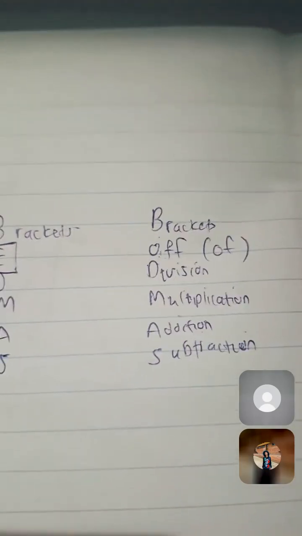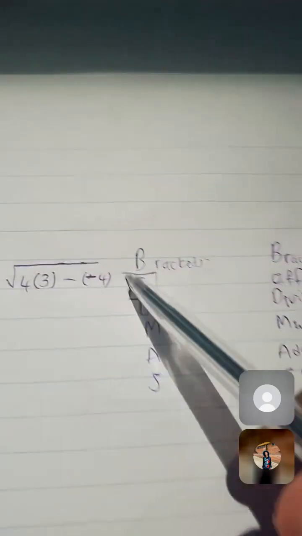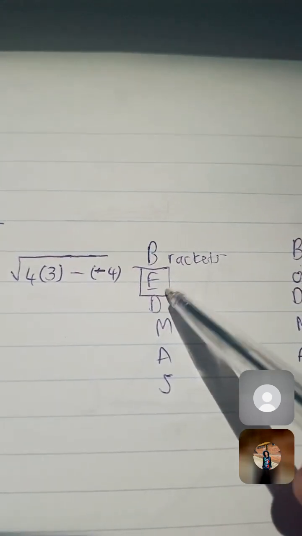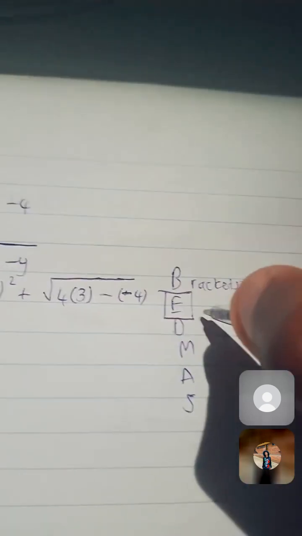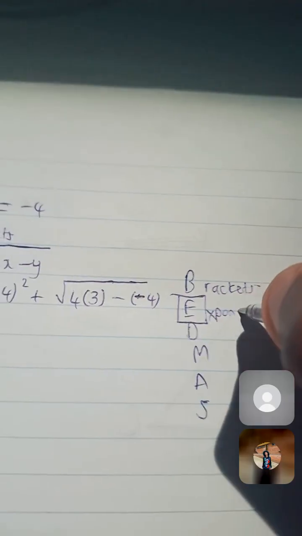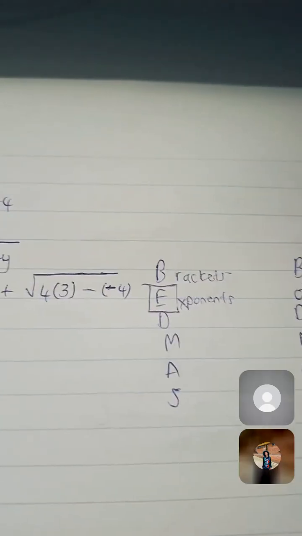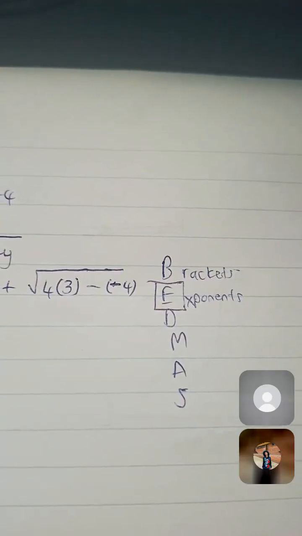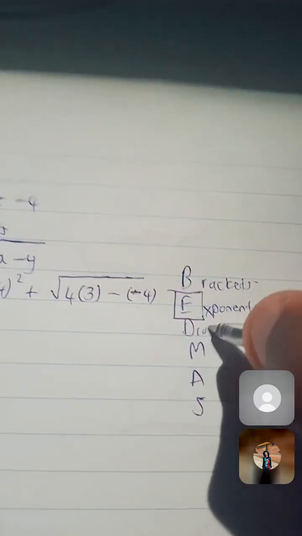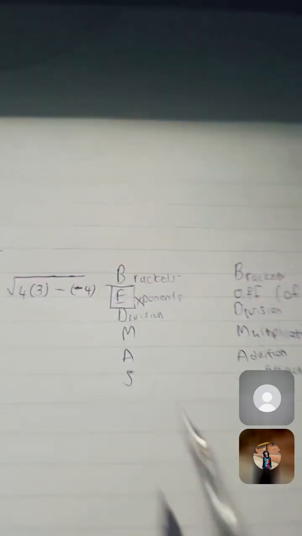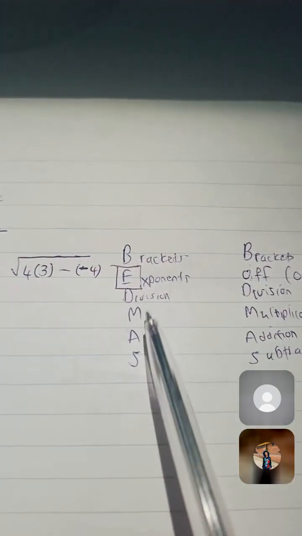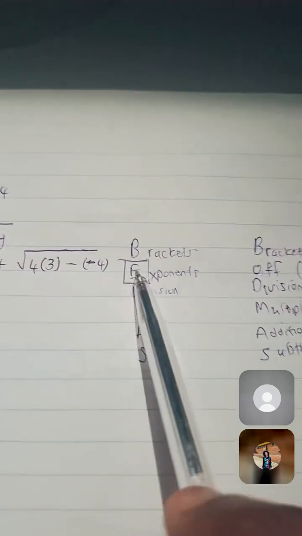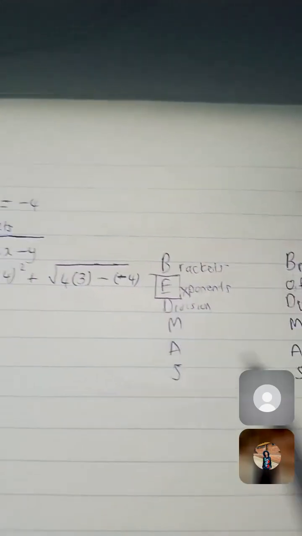Okay, that's fine. Now, what does the E stand for? The E stands for exponents. Exponents. Right, everything else, DMAS, you know, it was just the E.